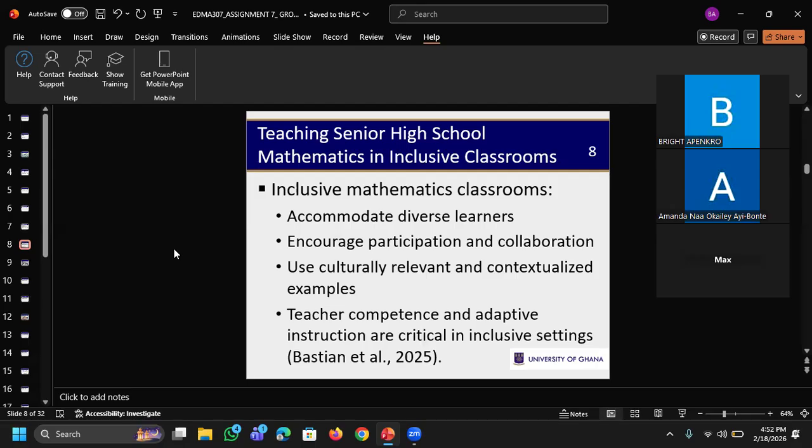In as much as we are focusing on the learner, the teacher is also very important, because if they do not have the necessary training to foster these programs, it is going to be moot. If the facilitator does not know exactly what should be done, the classroom becomes chaotic. These points are by Bastian et al. 2025.